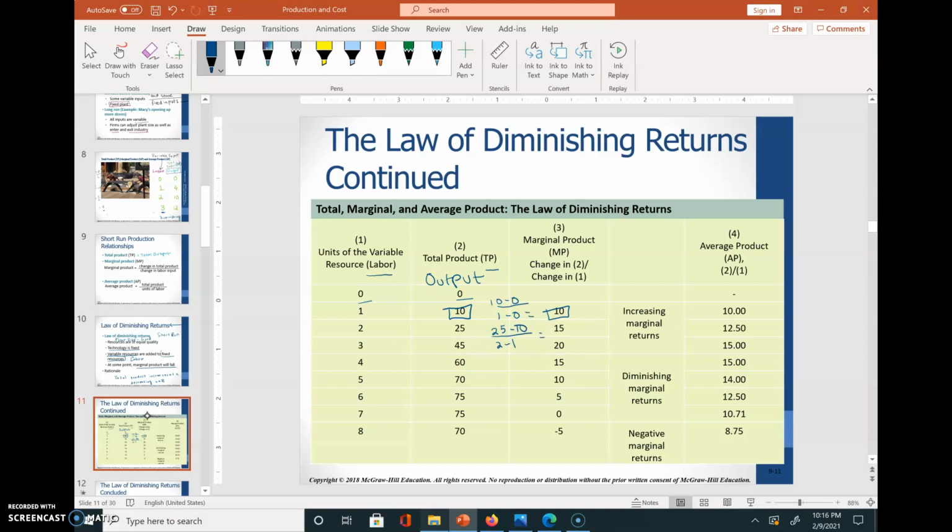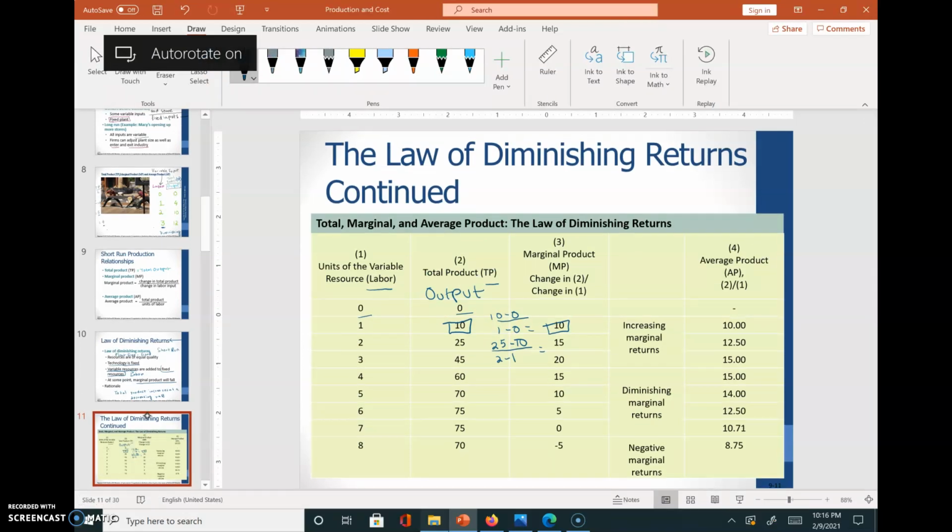This is equal to 15. And I can use the same calculation for all successive units of workers hired. Now the average product for the first worker is 10 over 1. For the second worker is 25 over 2.